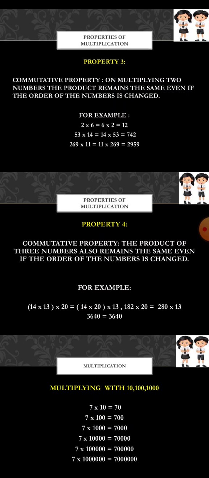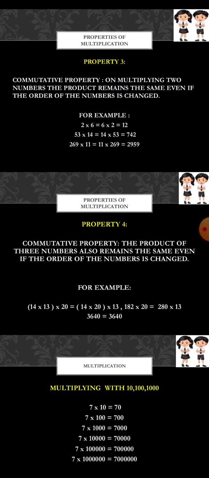Now if we change their positions, shift 11 to first position and 269 to second position, multiply them and the result is the same, that is 2959. So this is called the commutative property of multiplication, which is applicable on two numbers. We have taken two numbers here. I hope this is clear to everyone.